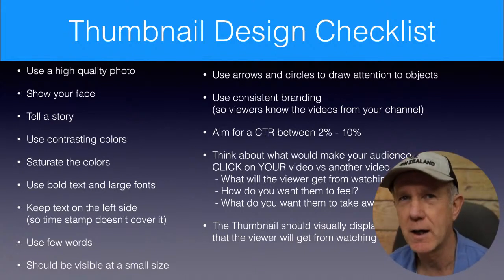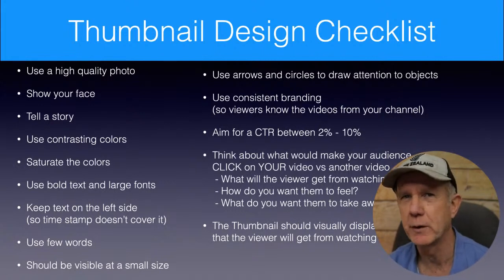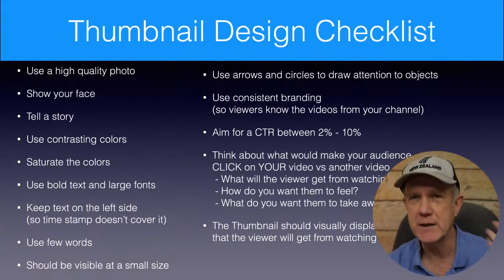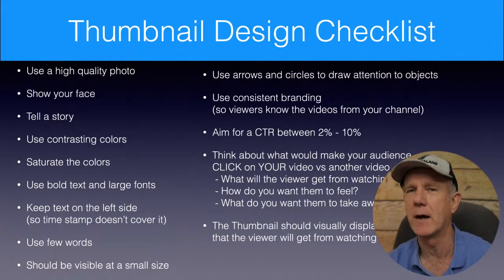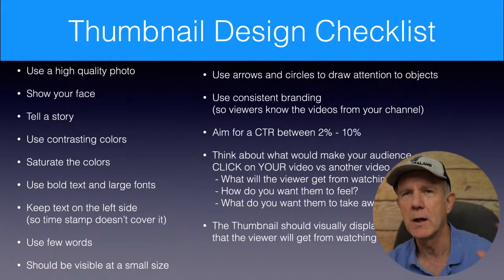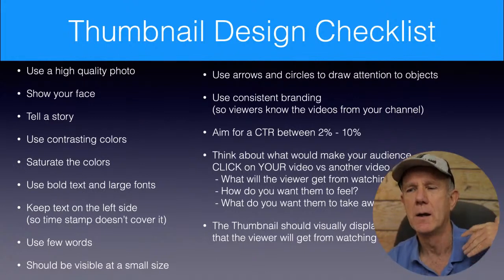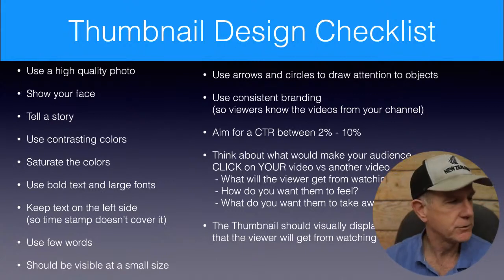You want to use contrasting colors. Use 2 or 3 different colors, and you also want to saturate the colors, because you have to keep in mind that people are looking at your thumbnail from the phone.